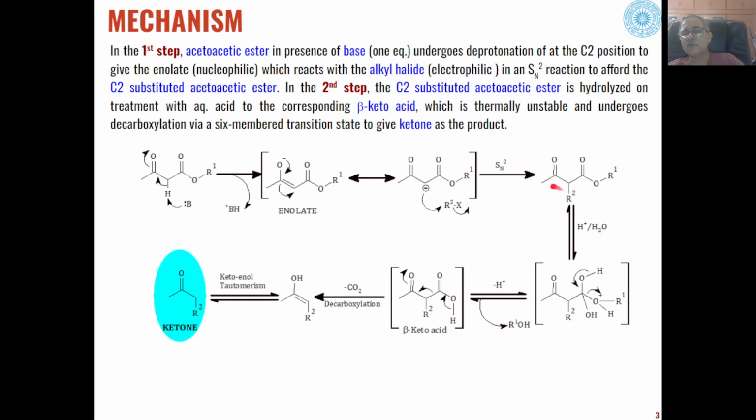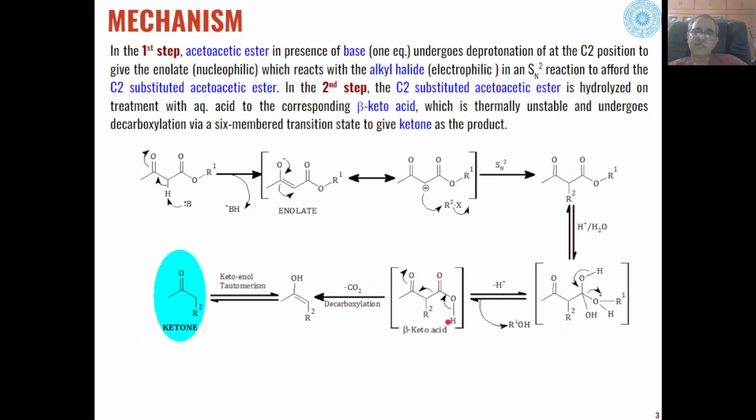And these acetoacetic ester derivatives, where alkylation has taken place at the second carbon, will undergo addition of water as a nucleophile. So hydrolysis in acidic condition will take place, and we will get these types of beta keto acids.